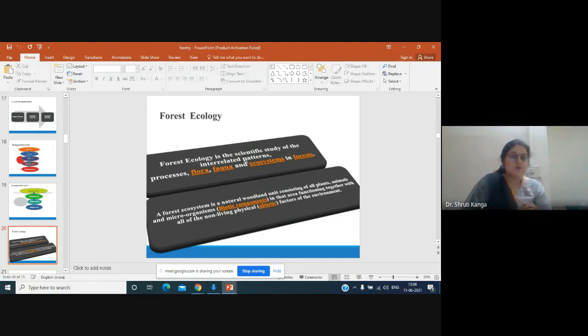So what is forest ecology? Ecology is a living organism. Okay, so when we are talking about the forest ecology, this is a scientific study where we study the interrelated patterns of various processes in the forested areas, what kind of different floras are there, what kind of faunas are there, what kind of ecosystems are there in the forest.